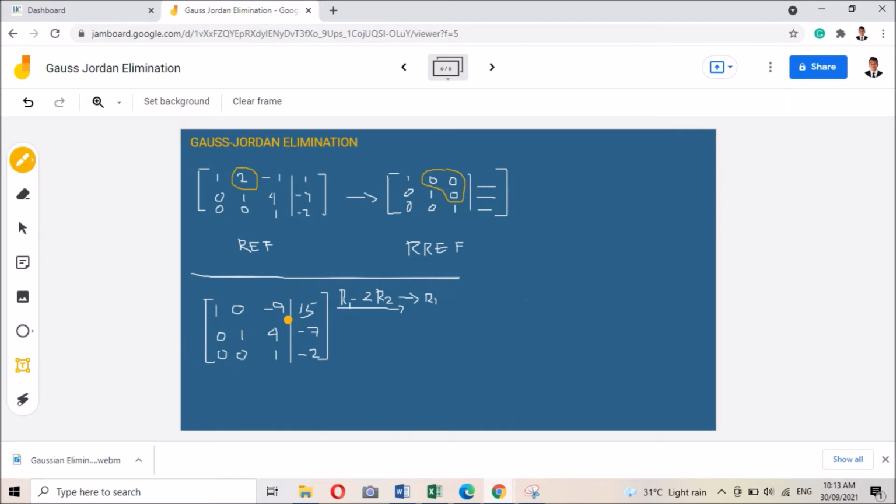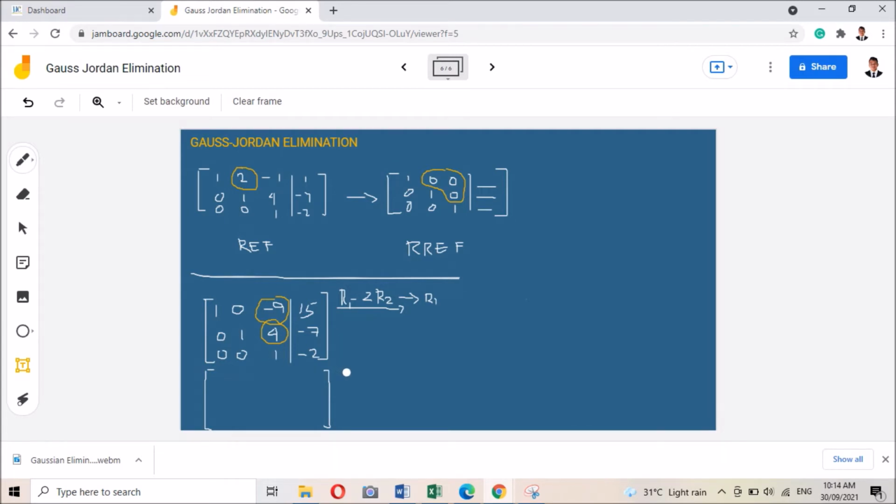Okay, the next step is to make this entry here equal to 0. We need to make an elementary row operation to make it into 0. We'll use the leading coefficient 1 in this column.